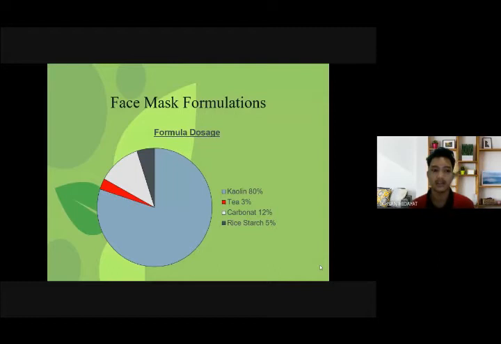For the dosage formula for making the paste, usually it is kaolin 18%, talc 3%, magnesium carbonate 12%, and rice starch 5%.